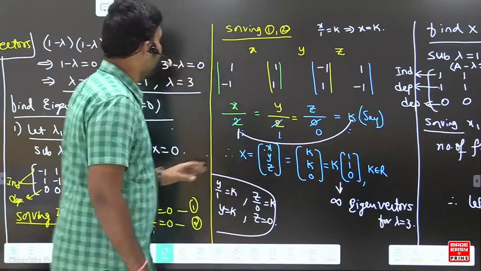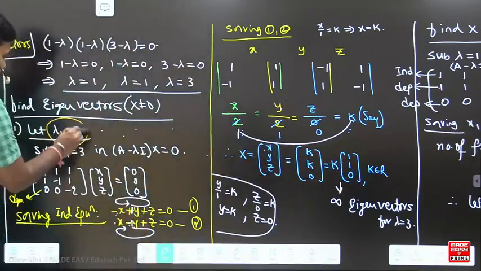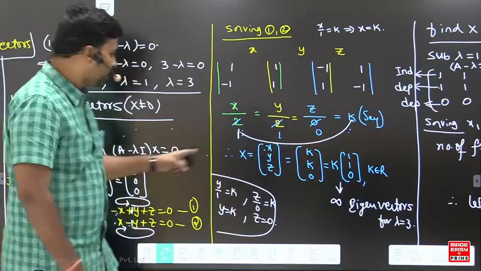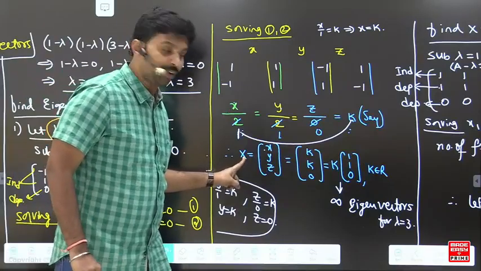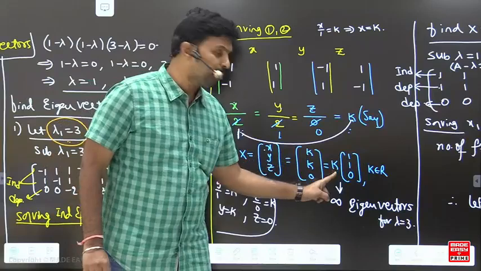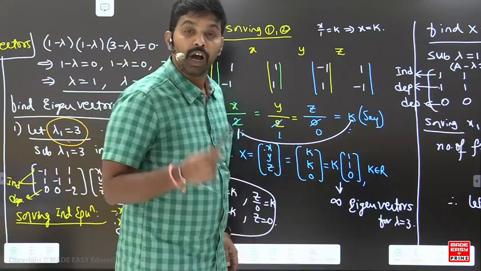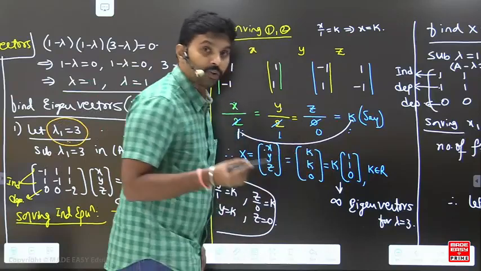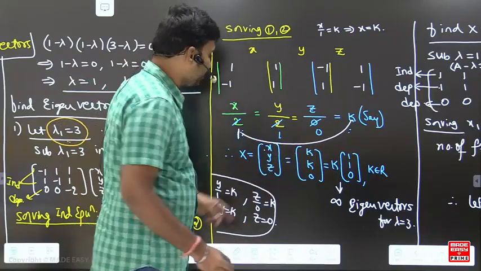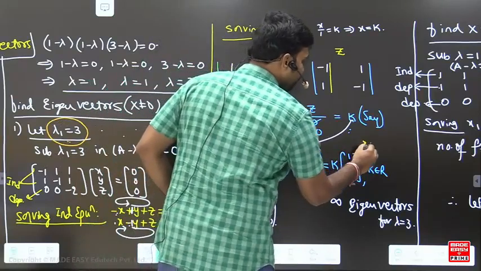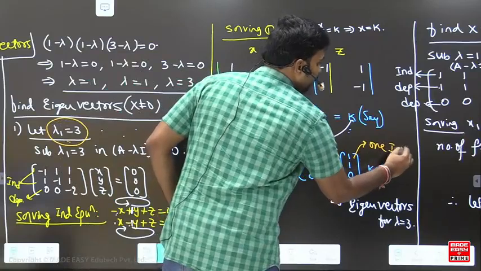I'll tell you. For lambda equal to 3 here, all the eigenvectors are given by scalar multiples of only one vector. Therefore, the number of independent eigenvectors is only one. This is the one independent eigenvector.